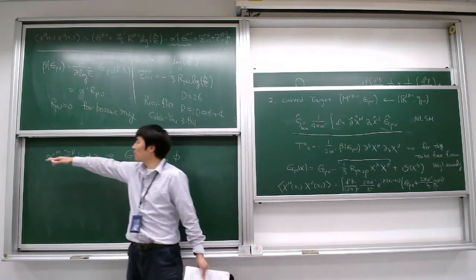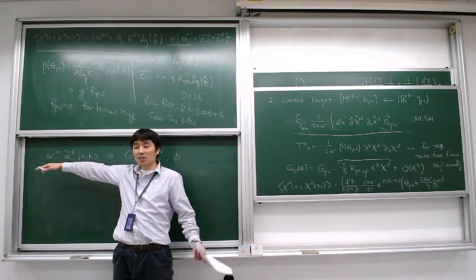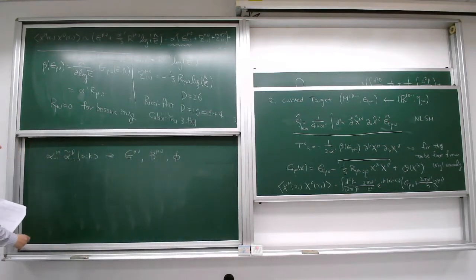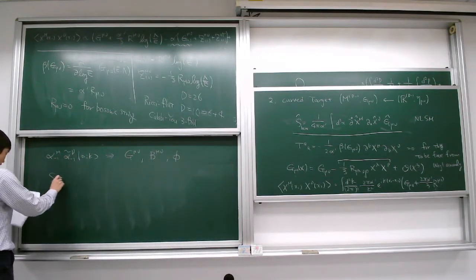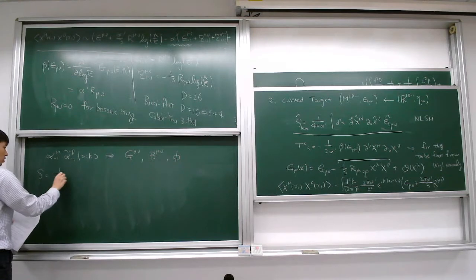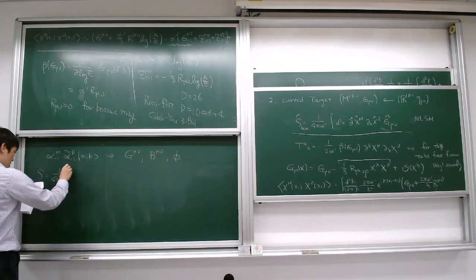You already have the graviton, at least the canonical quantization graviton mode. So the most general action one can write down using these massless modes is as follows: 4 pi alpha prime.